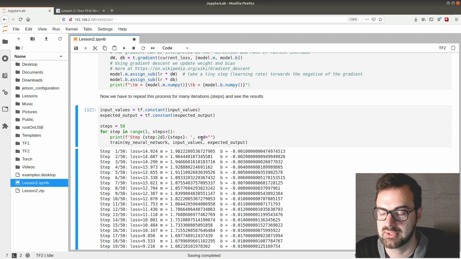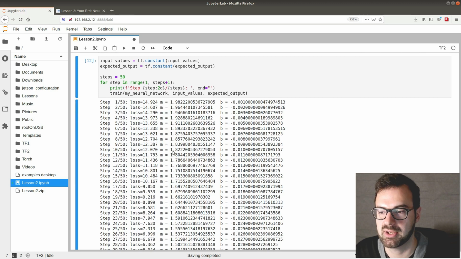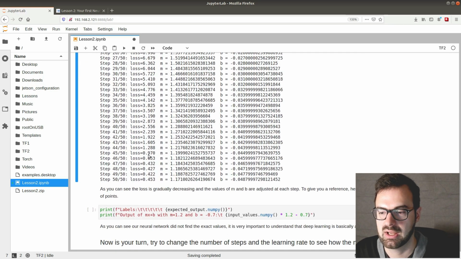And as you can see, at each iteration, we get a certain value of the loss, and certain values for m and b. At each iteration, it reduces the loss and changes the m and b values by a tiny bit, until we reach a loss of roughly 0.453.